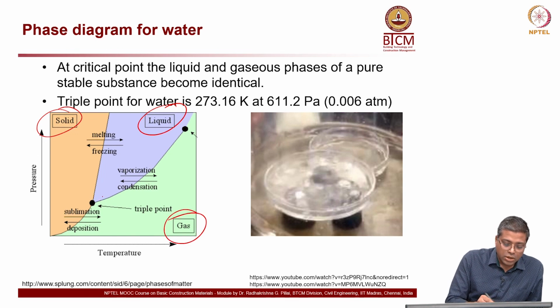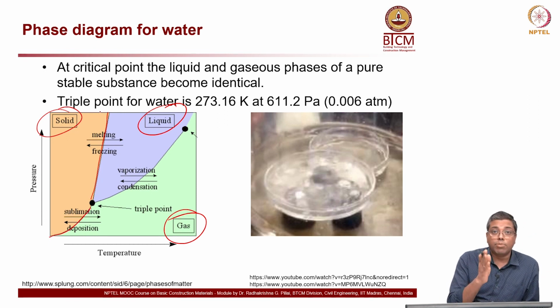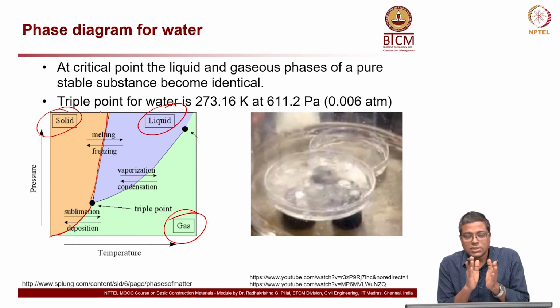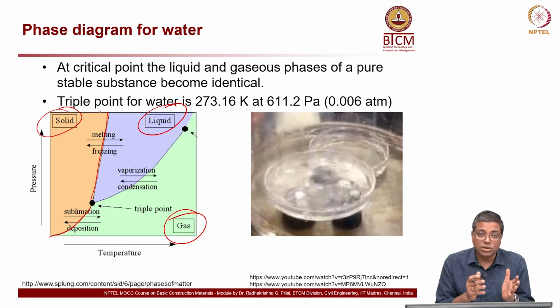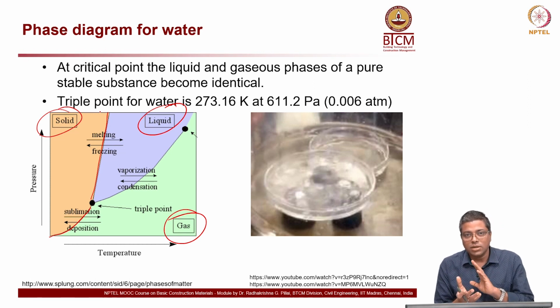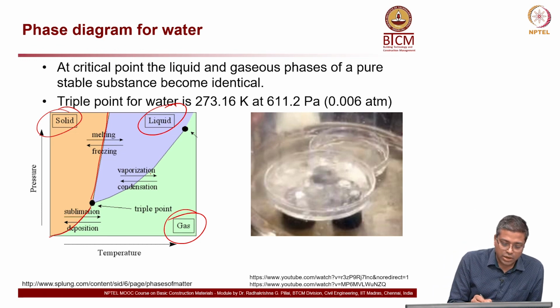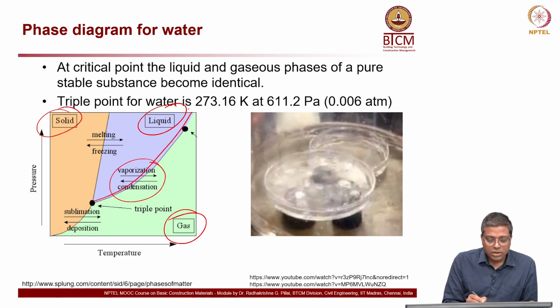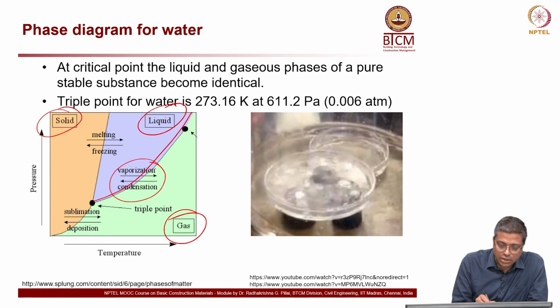Now, if you follow the border between each of these phases, at that border, when there is a slight change in either pressure or temperature, the phase will change from one to the other. For example, if I take this curve here, a slight change in the temperature, that is moving in the horizontal direction.